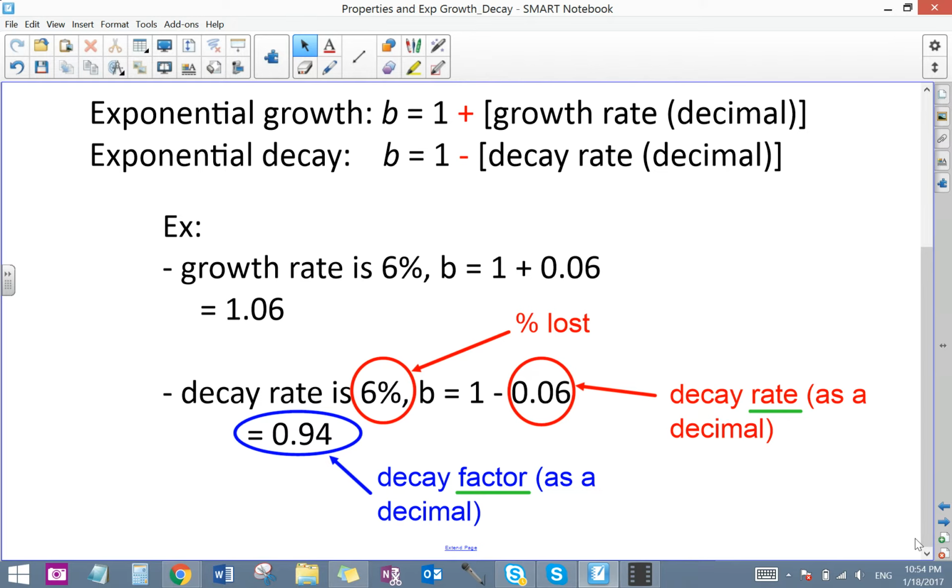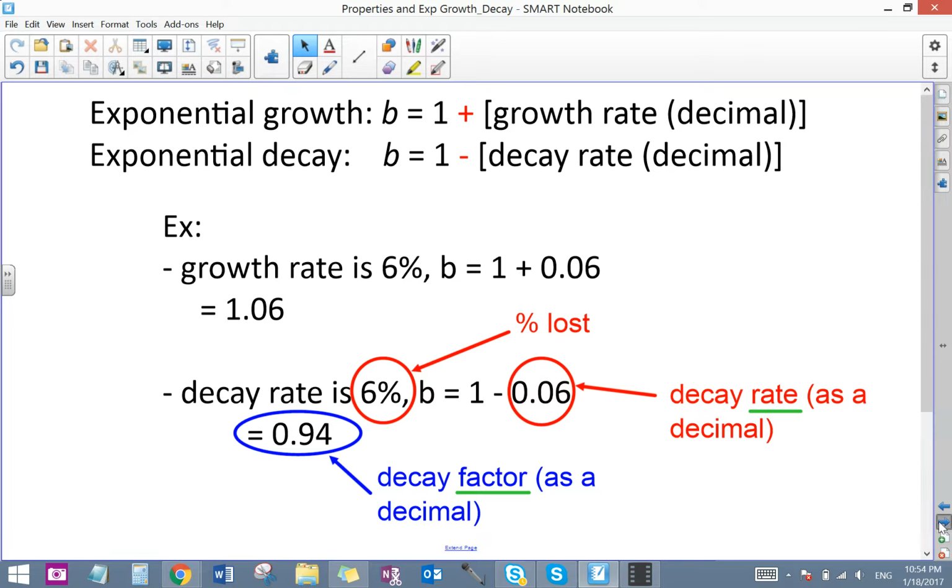So the rate, or the percentage or decimal, is typically given in the problem, and the factor is what we have left following subtraction from 100%. Okay, so the rate is the percentage lost versus the factor as the percentage remaining. So just remember the decay factor is the percentage that's remaining.